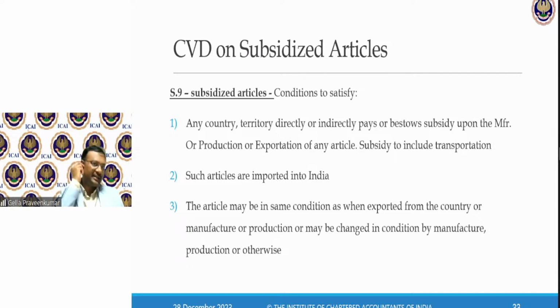Coming back, section 9, subsidized articles. This is a customs duty, in addition to customs duty. There is a countervailing duty. Any country or territory that, directly or indirectly, pays or bestows subsidy upon the manufacture, production or exportation of any article.